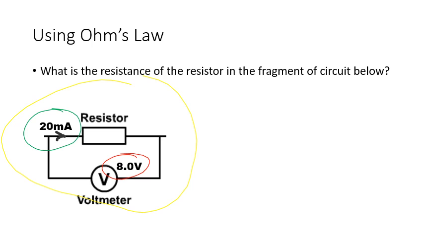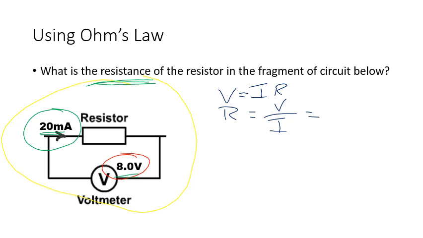So I've been asked for the resistance. I know the PD. I know the current. So it shouldn't be too hard. So I write down Ohm's law. Been asked for the resistance. And here I've got 8 volts divided by 20 milliamps. So the only thing with the 20 milliamps is I've got to convert it into amps before I do the calculation.